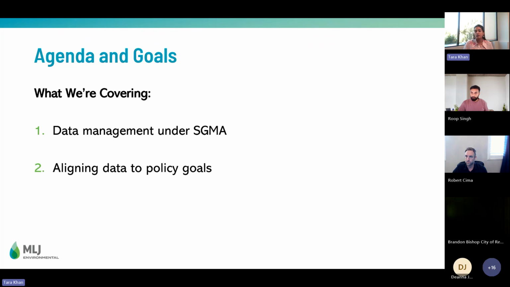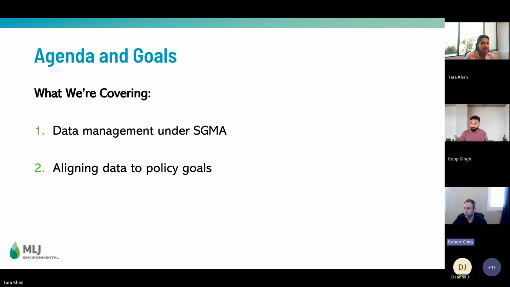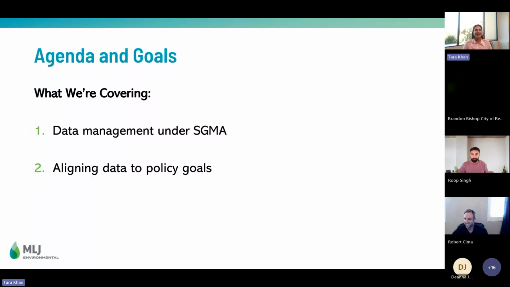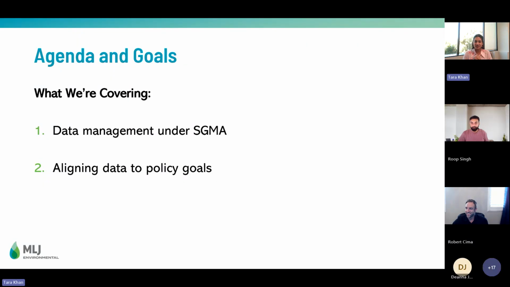We are also going to talk about how to go about deciding which data to prioritize. And then finally, we will be taking a look at examples of data points you might want to collect based on different management actions.